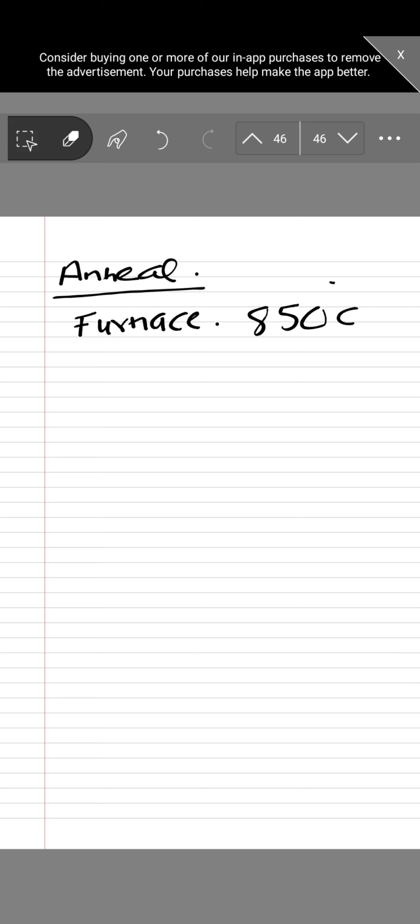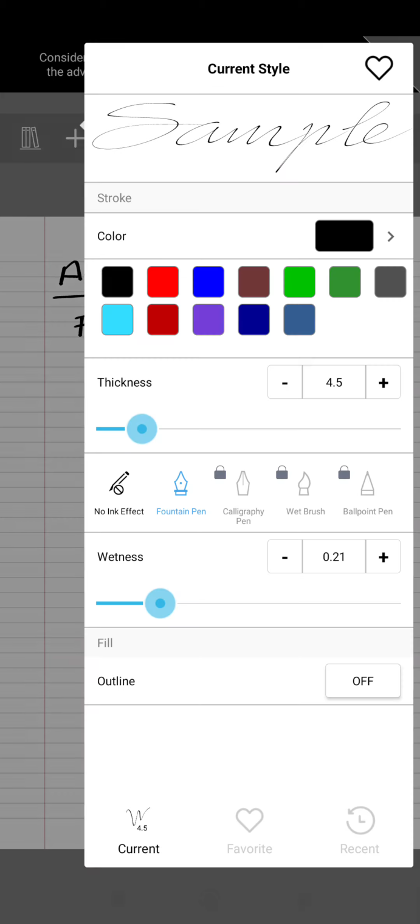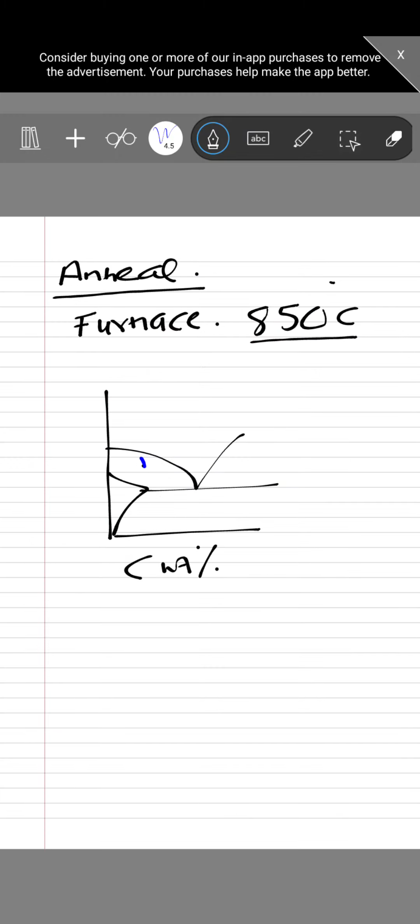The reason for taking this to 850 degrees centigrade becomes clear when we look at the iron carbon phase diagram. This is the carbon weight percentage, and this is where austenite formation takes place, close to 850 degrees.